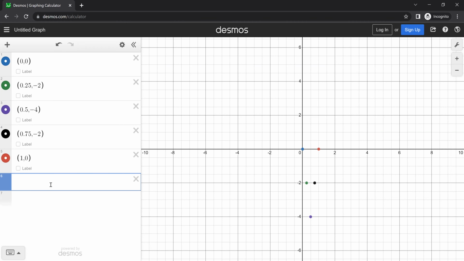Great. Okay. Now let me just see if I can fit a curve to this real quick without too much effort. And let's restrict this to 0 less than or equal to x less than or equal to 1. Okay.